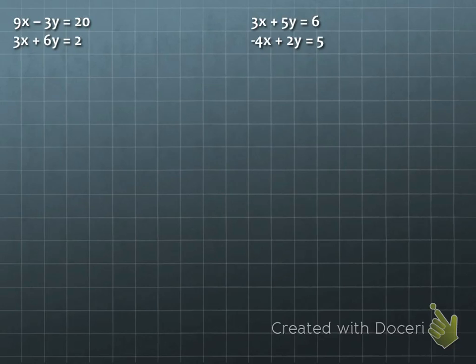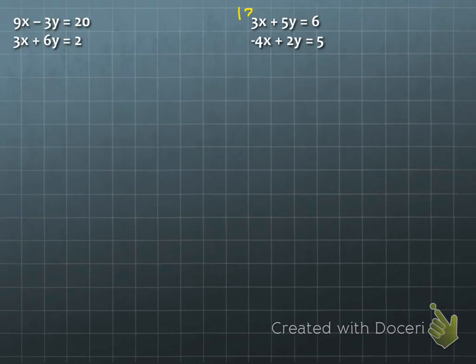This second example is kind of tricky, because this one was easy, I just had to multiply one of them. In this second example on the right, I'll have to multiply both of the equations. So to get my x's to be the same number with a different sign, the least common multiple of 3 and 4 is 12.